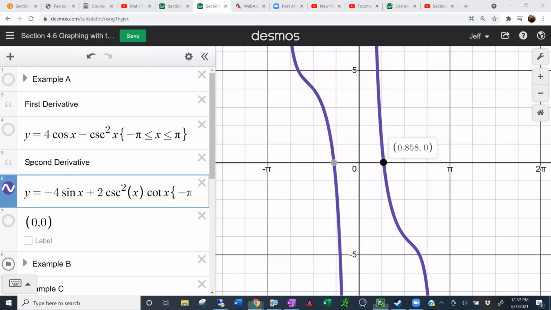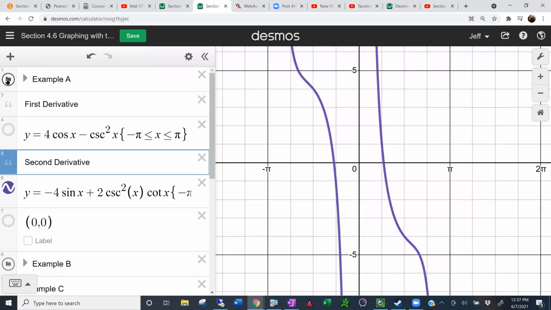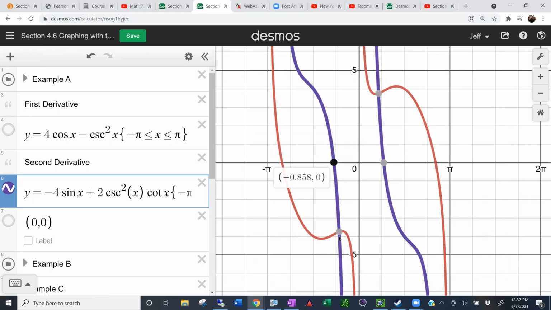Let's take a look at our function now. So it changes concavity about right there. And of course, the graph has moved a little bit, but about right here is where it changes from being concave up to concave down. Tough to spot without calculus.